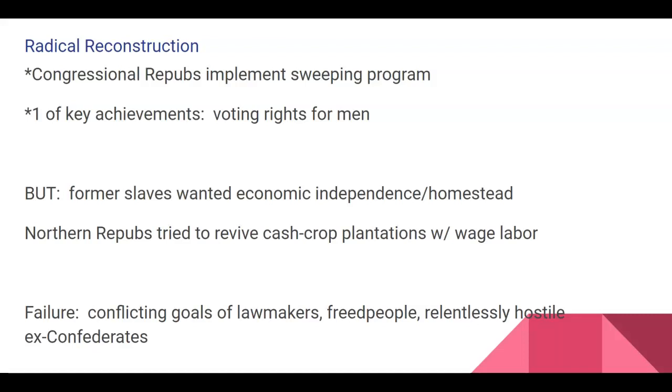As I said before, one of the main goals was to get the economy moving again, because in 1860 the cotton production was at the highest level ever, and so they're exporting all this cotton, which means there are all kinds of tariffs and all kinds of revenue going on. They were doing very well in the South.